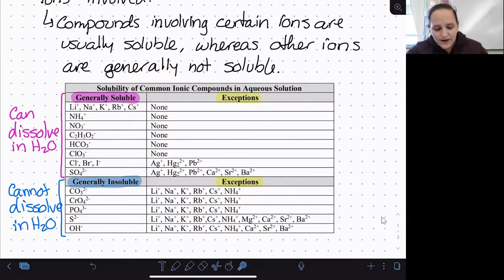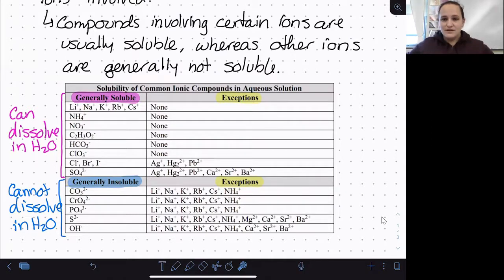So what we're looking at is a list of things that are usually soluble, will usually dissolve in water, unless they're paired with something on these short lists. And then we have a list of ions that are generally not soluble unless they're paired with some of the ions on the exceptions list here.